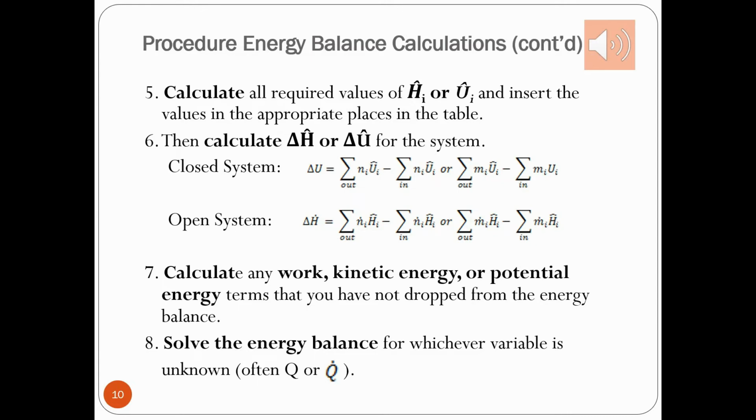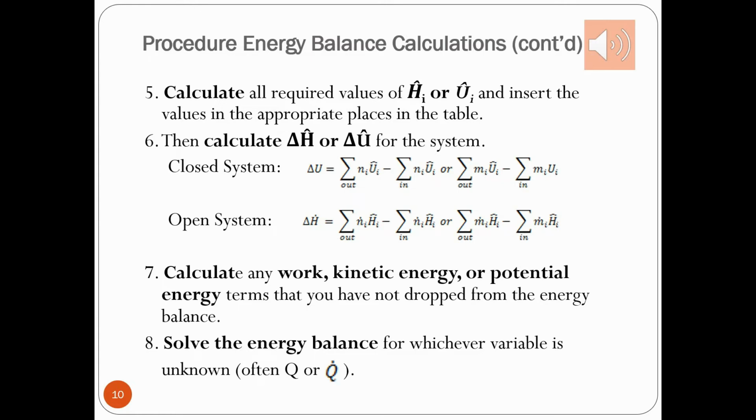If the question still gives you the data, please include it. Even though I said this chapter is focused on finding the internal energy, if the question gives you these details of work, kinetic energy and potential energy, do calculate it at this step.